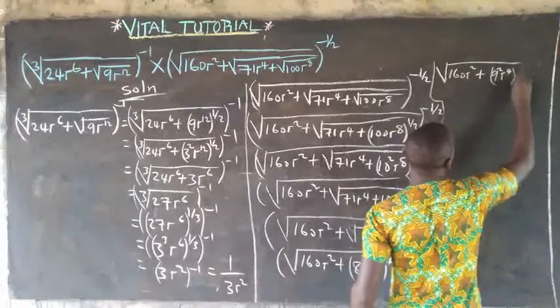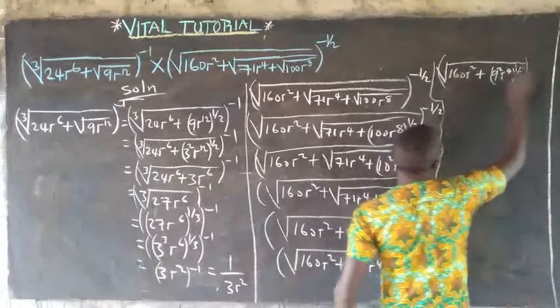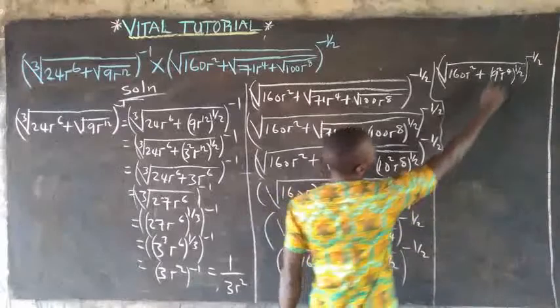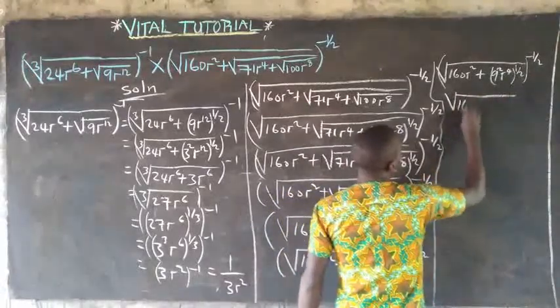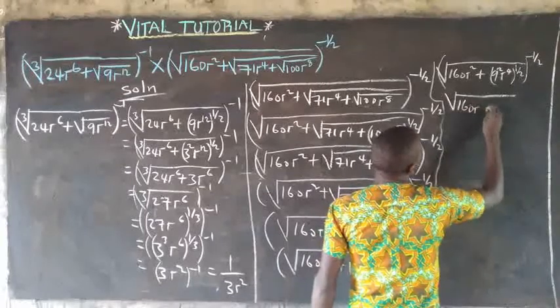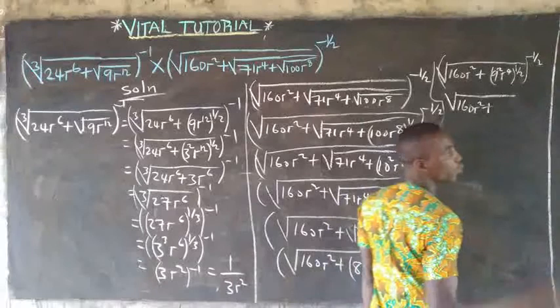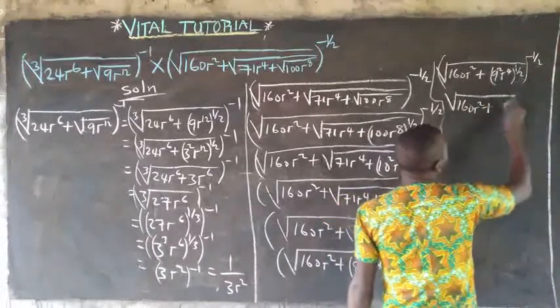Then you close your bracket, everything to the power of 1 all over 2. Everything to the power of minus 1 over 2. So power with times power. So this will give us 160 r to the power of 2 plus 2 times 1 all over 2 is nothing but what? 1. 9, this will be 9 to the power of 1, which is still what? 9.